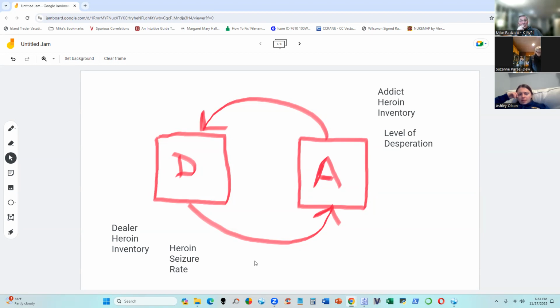Well, I guess there's also the cost of the heroin, which is tied to the inventory and the demand. Heroin price, the article talked about it going from $7 to $9 a bag. And when it does, what does the title of the article say? Crime increases.